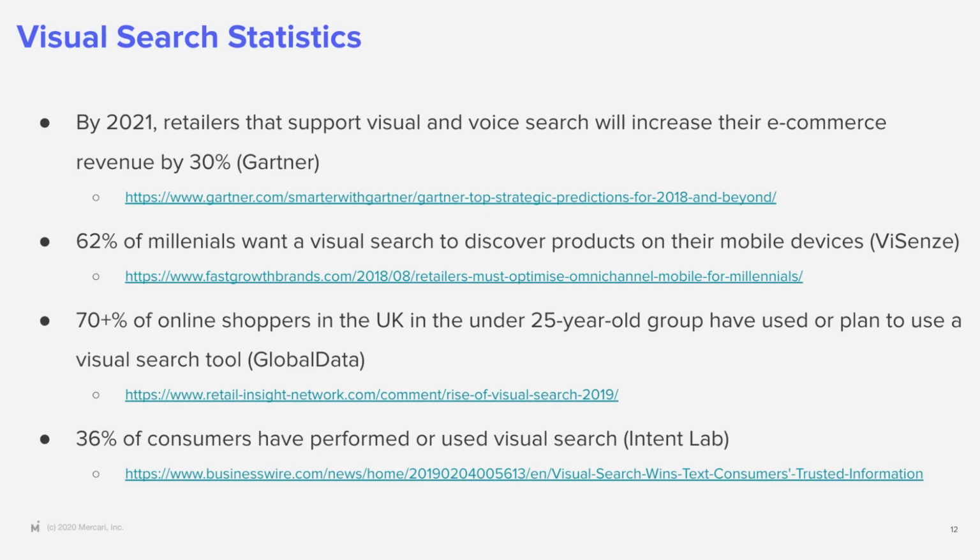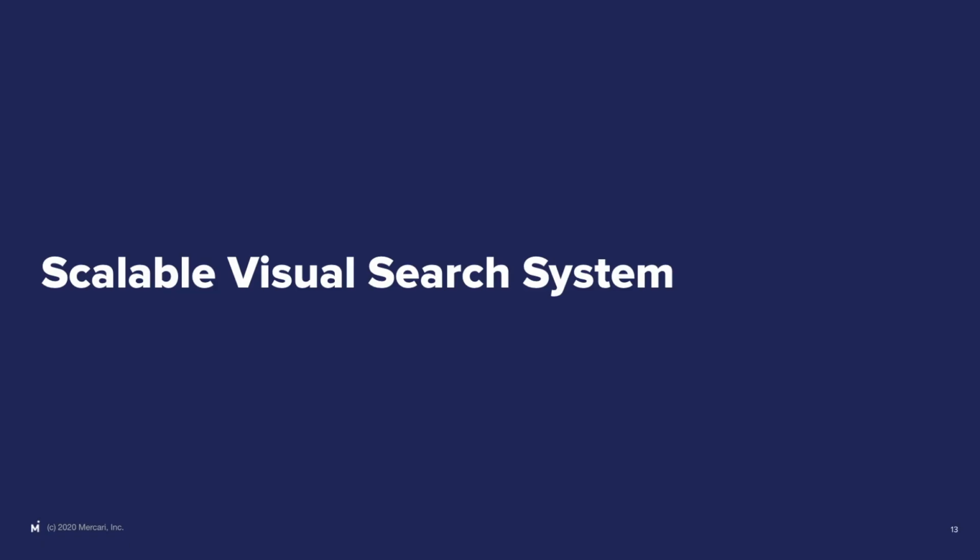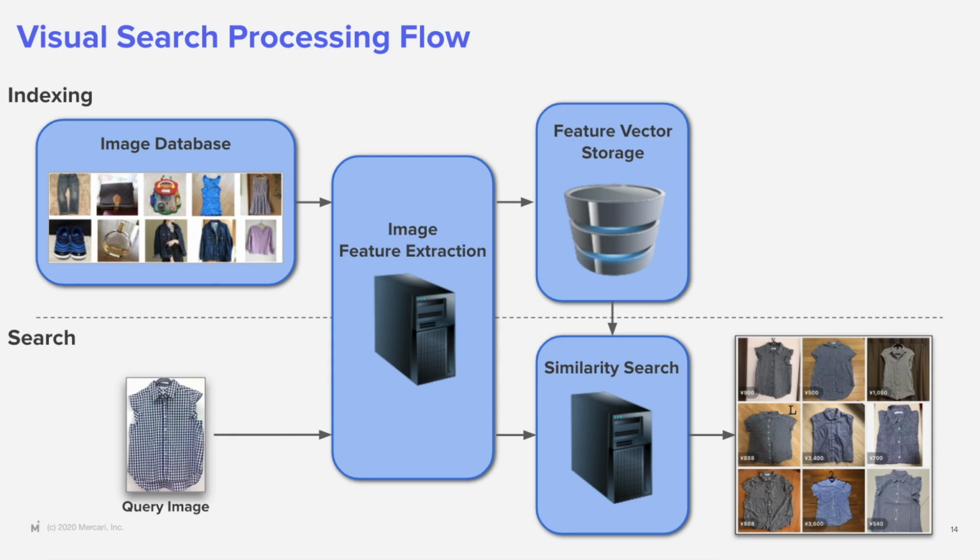Let's move on to the next topic, visual search system. For experiments and POC, the system architecture would be like this. The components are image feature extraction, feature vector storage, and similarity search engine.